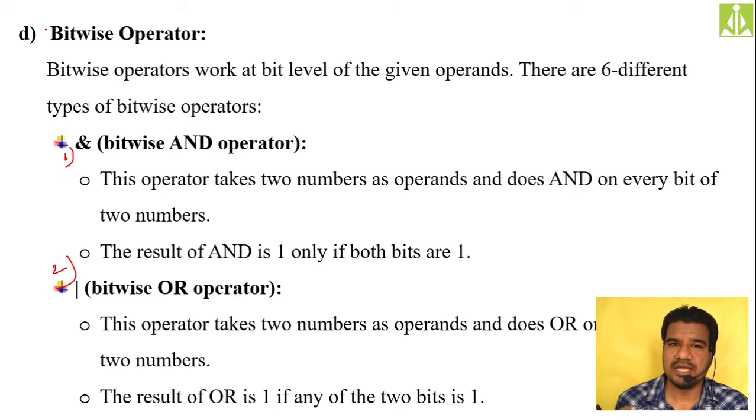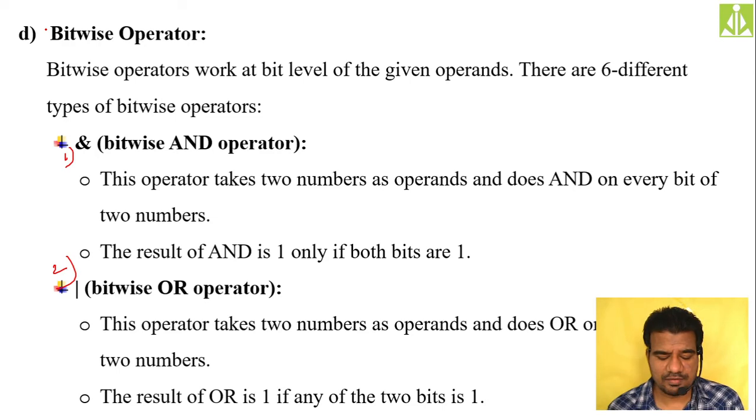It will check bit by bit, and wherever we are going to have two ones in the operation process, it will simply put 1 in its resultant value. And if you have different bits, or if you have zeros in both the operands, it will simply consider it as 0 only. So when we do it practically, you will understand.